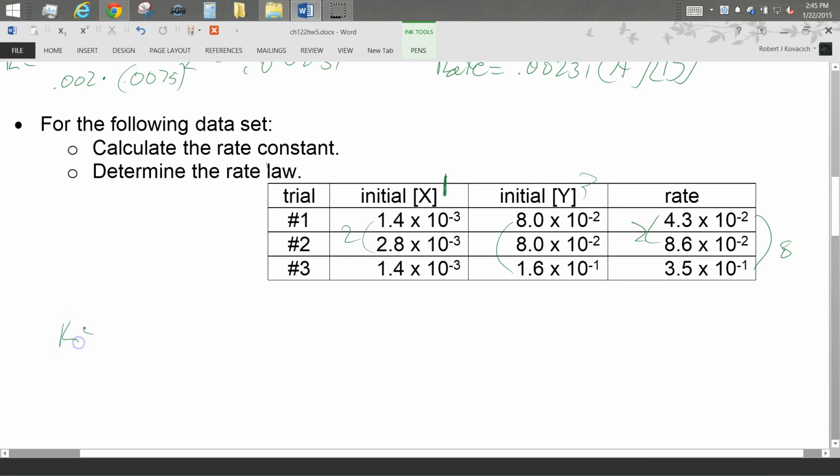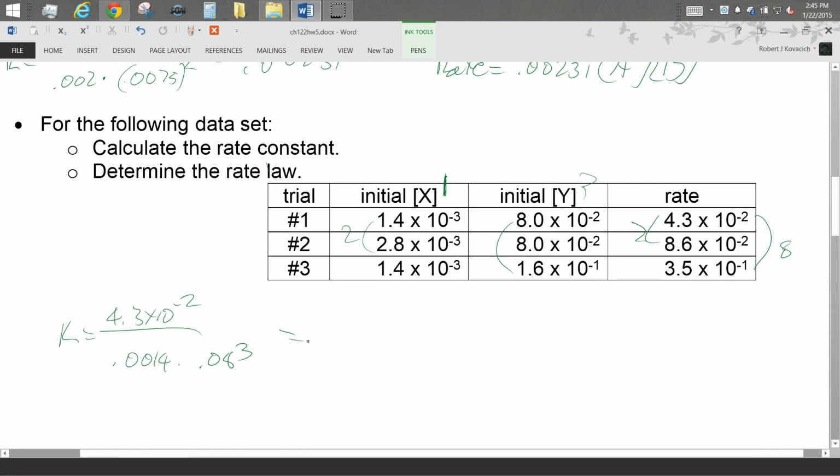So we'll have K is equal to 4.3 times 10 to the negative second divided by 0.0014 and 0.08 cubed.